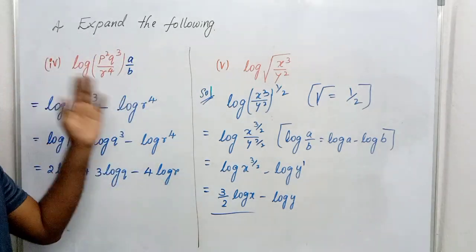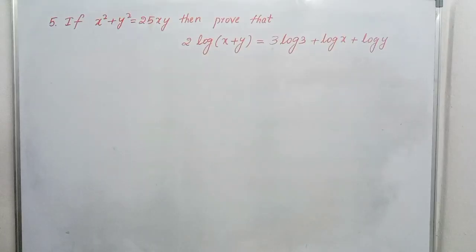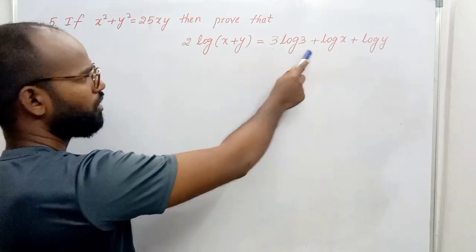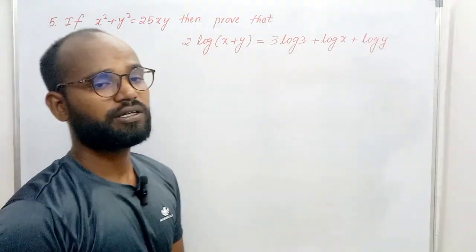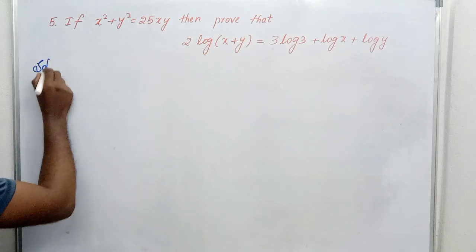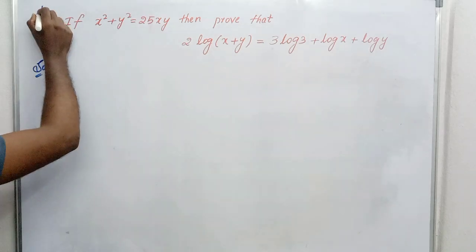That's all about the fourth bit. If x square plus y square is equal to 25xy, then prove that 2 log of x plus y is equal to 3 log 3 plus log x plus log y. It is very simple, I can explain in a very simple manner. Listen to this, it is an important question also.